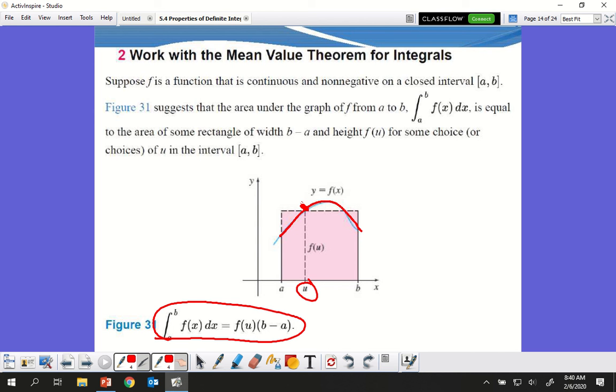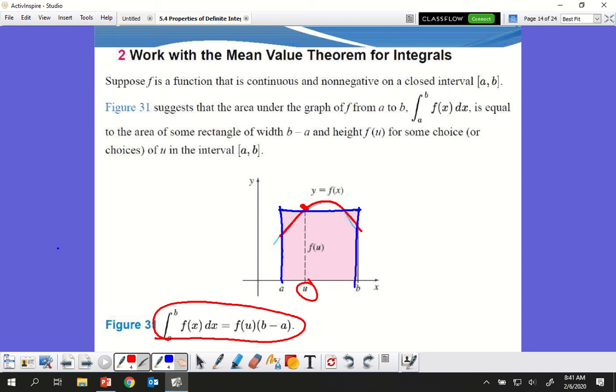Okay, that makes sense. There's a lot of work in this, so I want to make sure you understand. Okay, I have a question. Go ahead. If you find the area of the box, that will be equal to the area under the line? Yeah, the area of the box is equal to the area of the integral, because the integral is area under the curve.